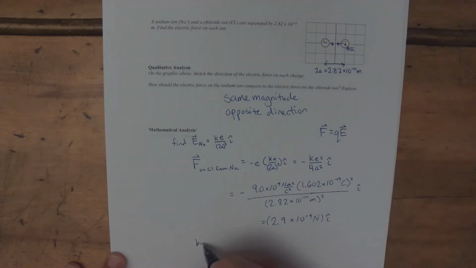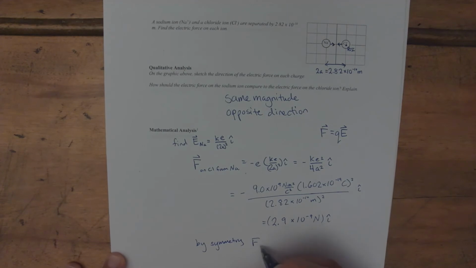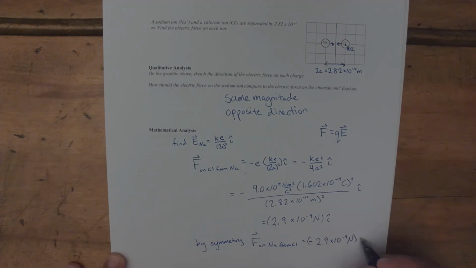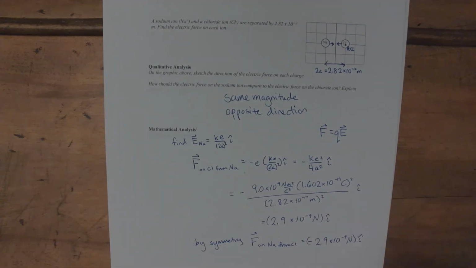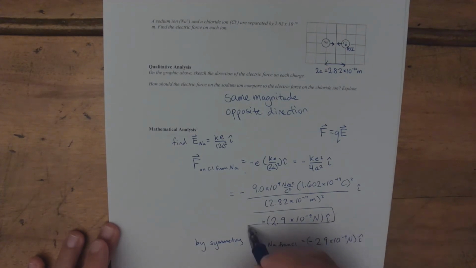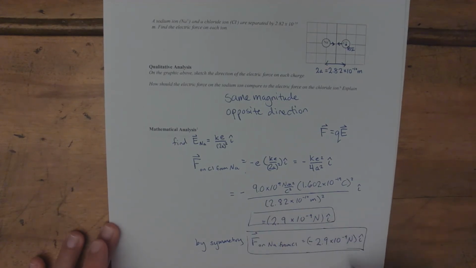And then we'll just say by symmetry, the force on the sodium from the chloride is equal to negative 2.9 times 10 to the negative 9th newtons in the i hat direction. So we'll box this and this.